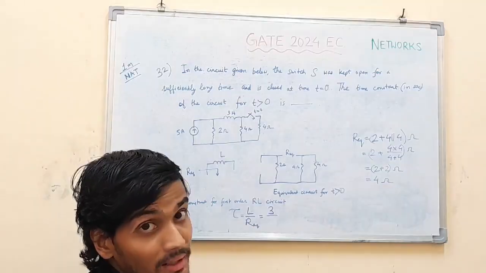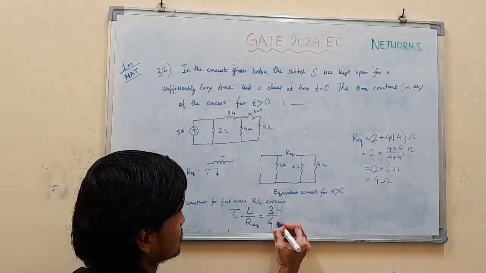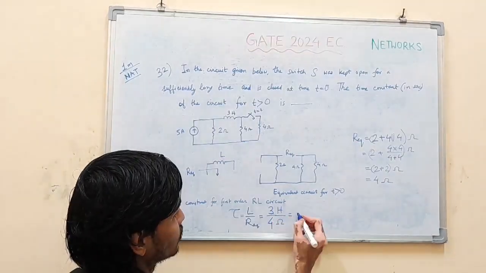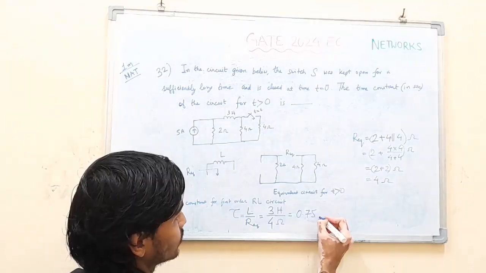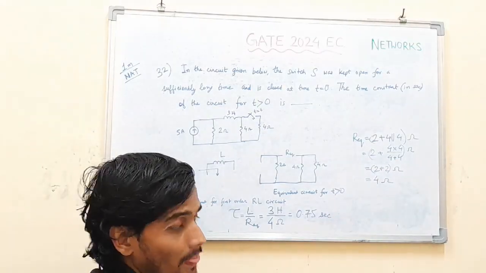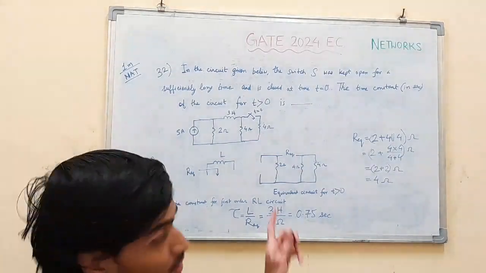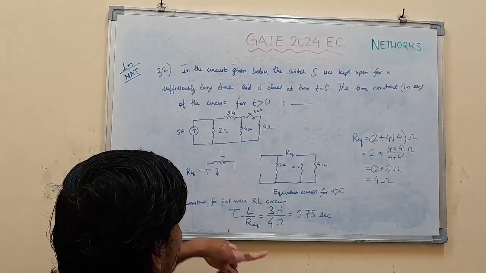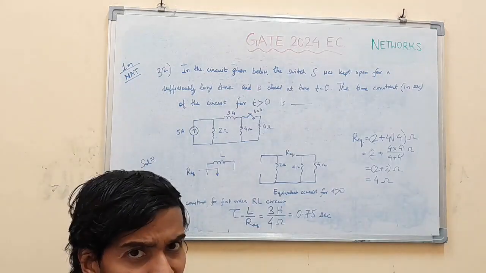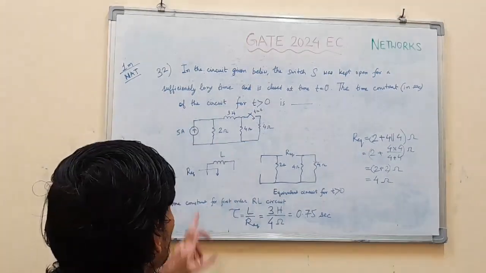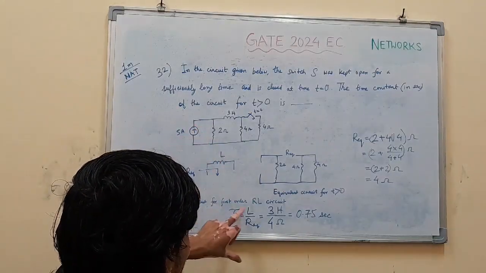R equivalent as we determined here is 4 ohms. So 3 by 4 is 0.75. And as these are SI units, the time constant will come in seconds directly. So the correct answer, which is the time constant of the circuit for t greater than 0, in this case is 0.75 seconds.